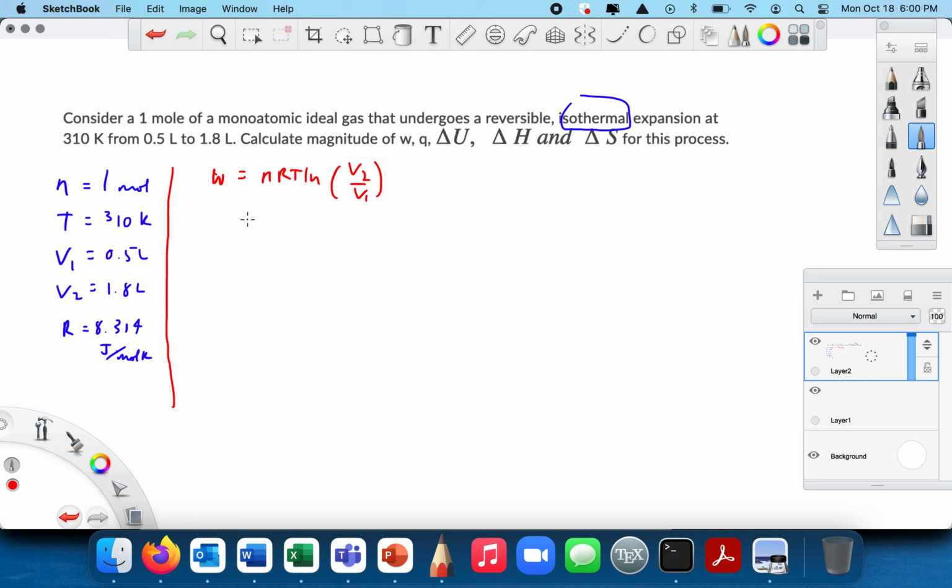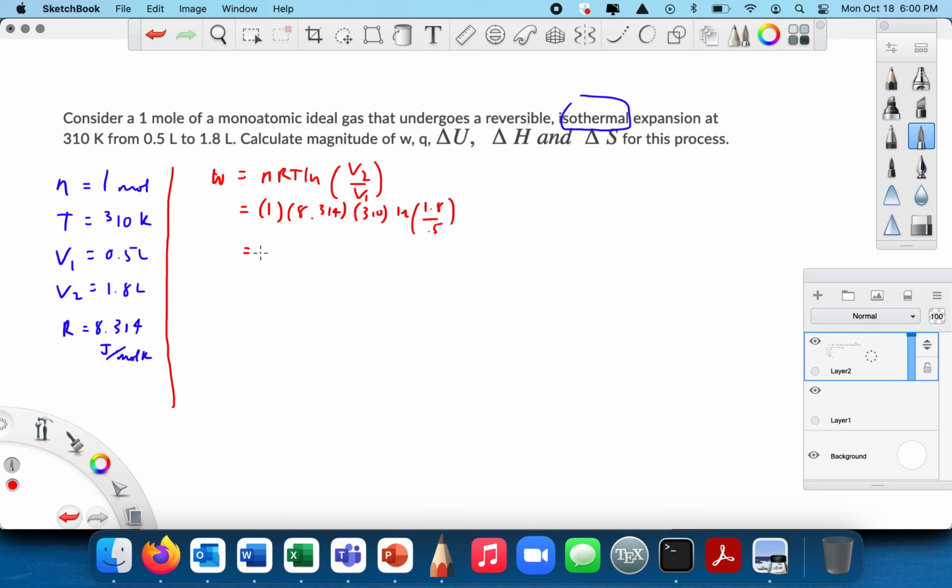So now that I got that, I can say work is equal to 1, and I work to get all my measures in the right units, moles, kelvins, joules, so I don't have to worry about this. 8.314 is R, T is 310, and the natural log of V2 over V1 is 1.8 over 0.5.